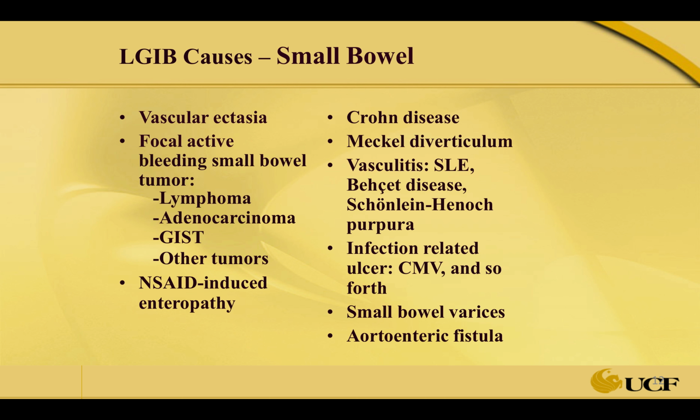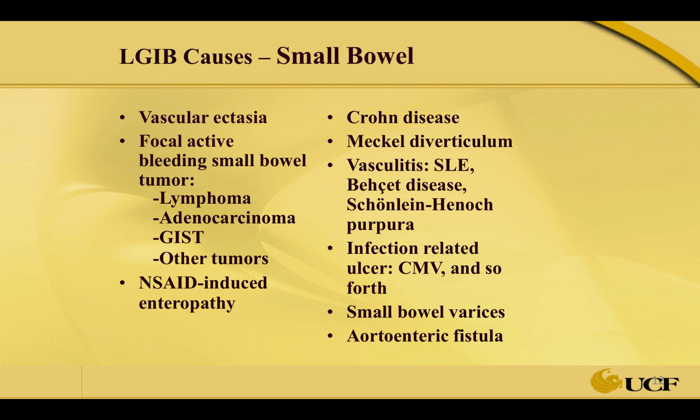So what are the causes? In the small bowel, vascular ectasia is one of the main causes. Ectasia means pathological dilation of a vessel, from ectasis. Focal active bleeding in the small bowel, tumors associated with either lymphoma, adenocarcinoma, the GIST tumor, or other tumors.